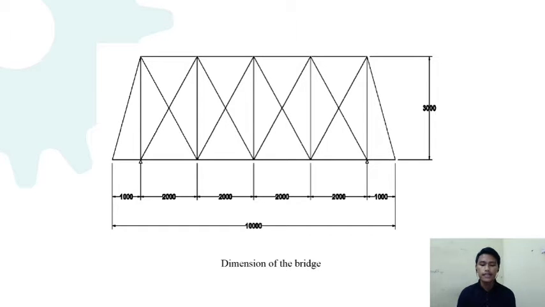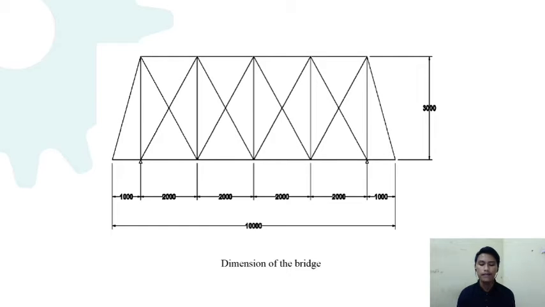Next, the material to design the bridge is steel. This is because steel has extremely solid and long-lasting properties. The I-beam used for all members in this bridge is a universal column, which is 305 millimeters by 305 millimeters by 283 millimeters.